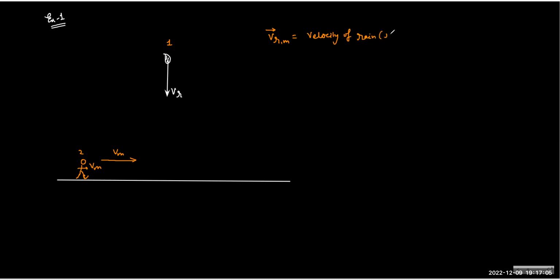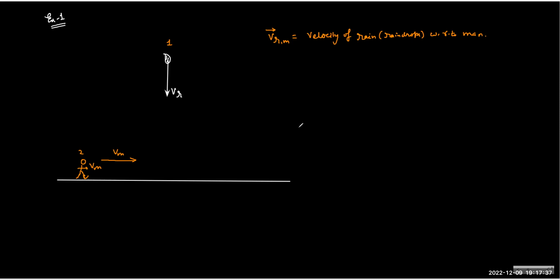So you can say rain means raindrop with respect to, so here man is the observer. So what is the object? What is getting observed here? What are you observing here? Raindrop. Raindrops, right? So you are trying to observe the raindrops and you are also moving.